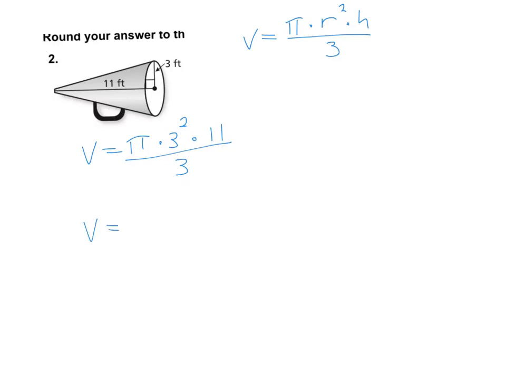Volume is equal to pi times 9 times 11 divided by 3. On my calculator, pi times 9 times 11 equals, divided by 3 gives me 103.7 cubic feet.